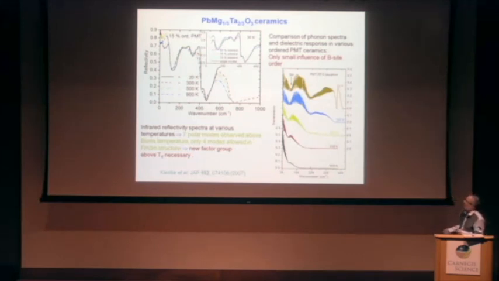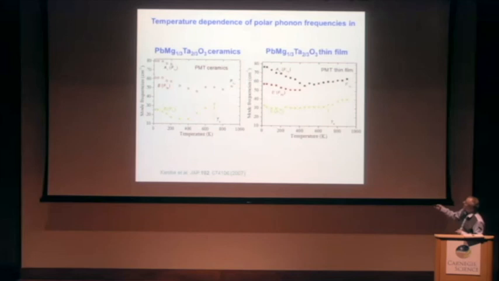Here I have an old picture from PMT showing, in thin films as well, two components of the soft mode. In this case, we did not use the effective medium approximation, so we did not see the softening properly here, but it was just roughly fitted.